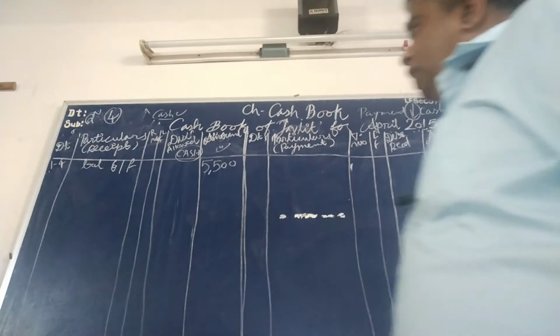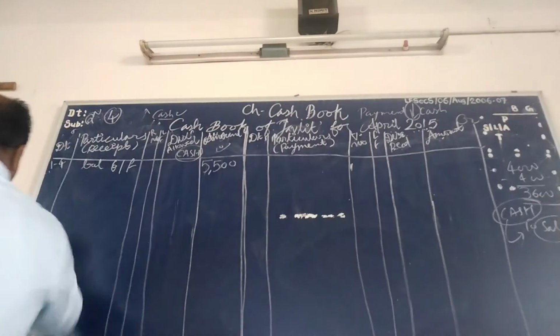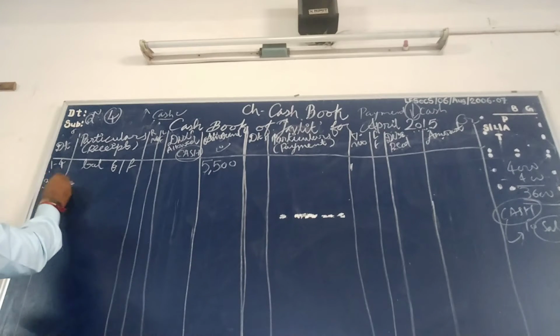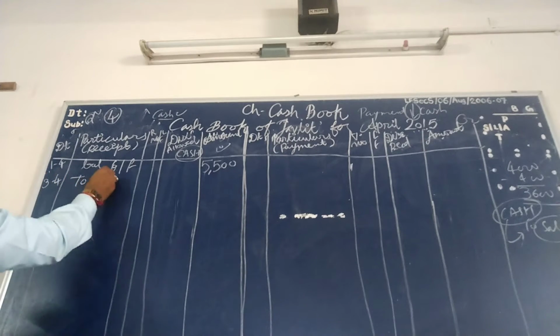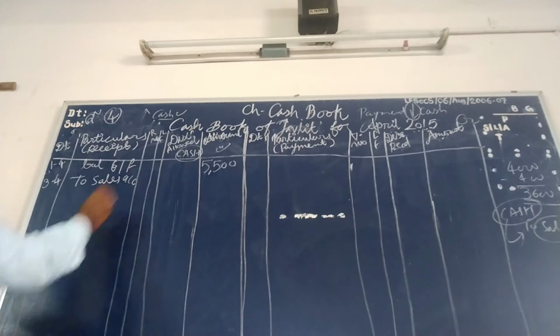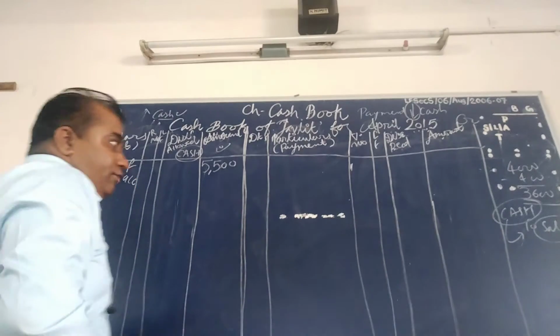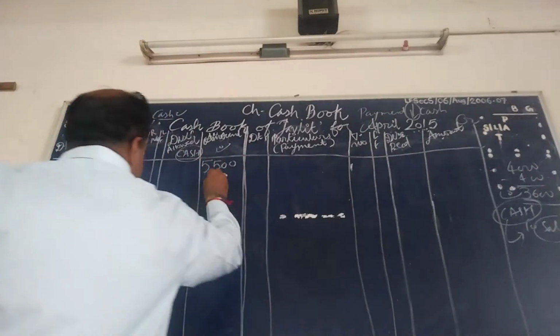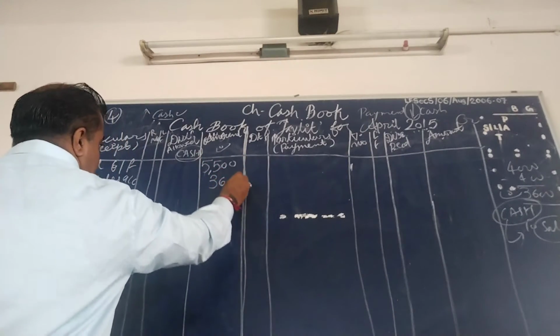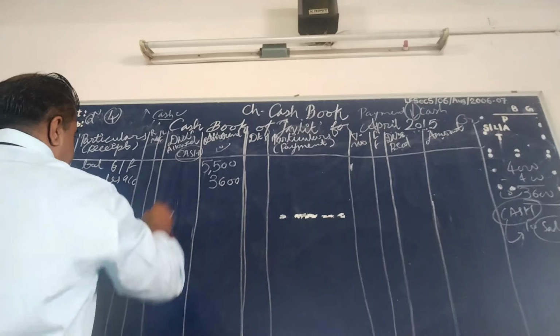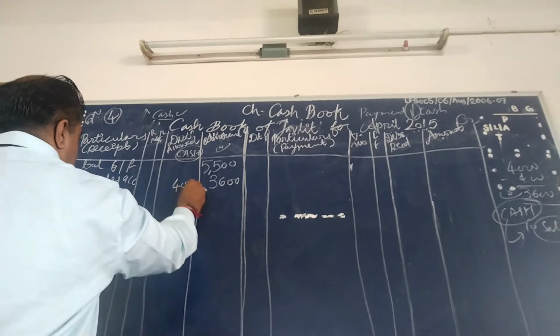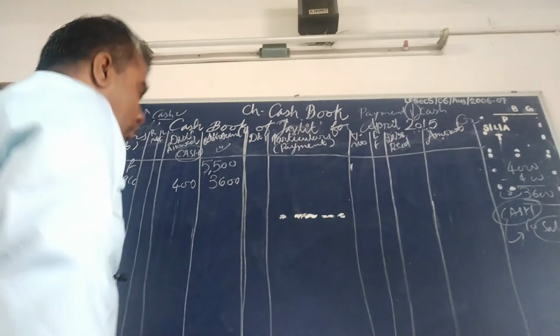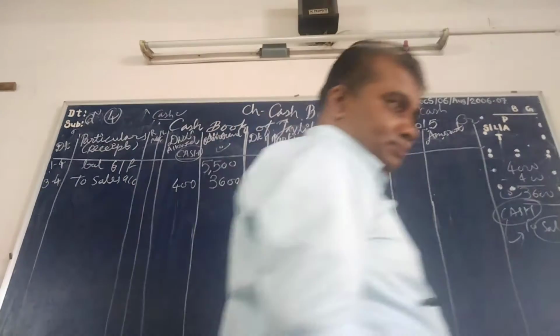So we write here to sales. So 3rd April to sales account. After deduction, it is 3,600. So 3,600 we receive, and we give the party discount rupees 400. So we write 400 in the discount column.